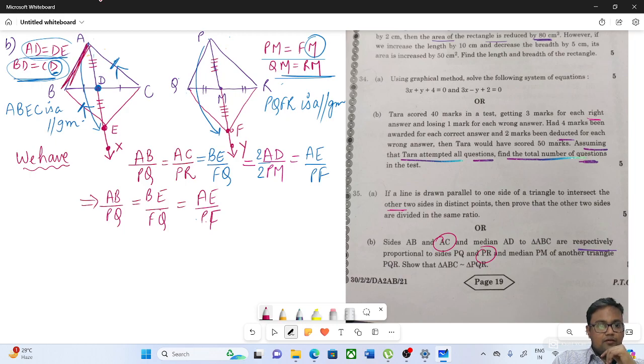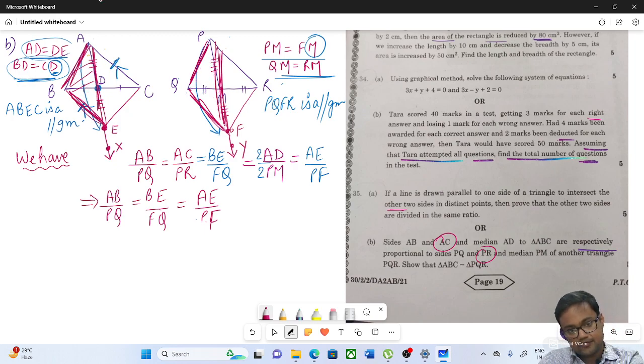So AB upon PQ, BE, see the sides which I am darkening, upon PF, this has come. Doesn't it show that by SSS we can show these two triangles, children, these shaded ones, similar? Yes, by using triple S.